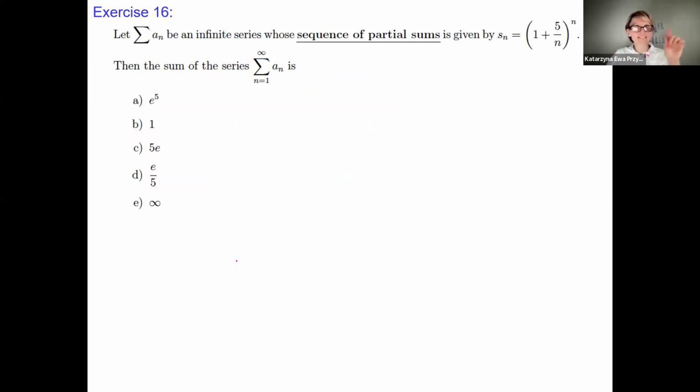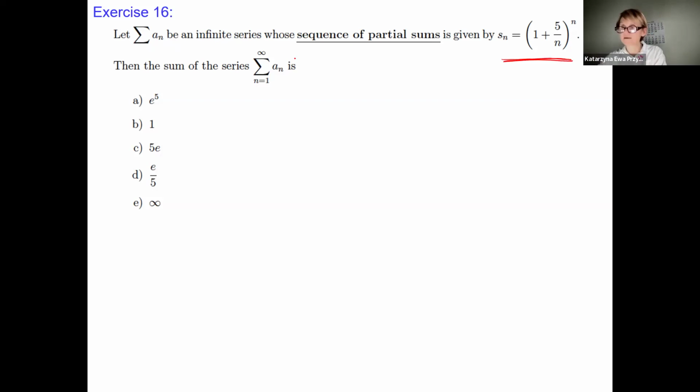We have a sub n, the infinite series with the sequence of partial sums, and we have a formula. Now we have to be really careful. This is the partial sum.